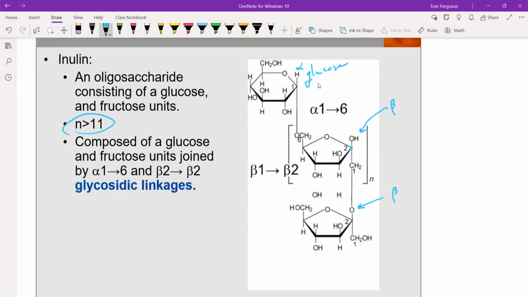This one here, you might say, is going down. That's alpha. But see, it's not an anomeric carbon. Alpha beta only counts for the anomeric carbon. So anomeric carbons in 6-membered rings, carbon number 1. 5-membered rings, it's carbon number 2. So this linkage is going to be beta 2, beta 2. This one would be alpha 1.